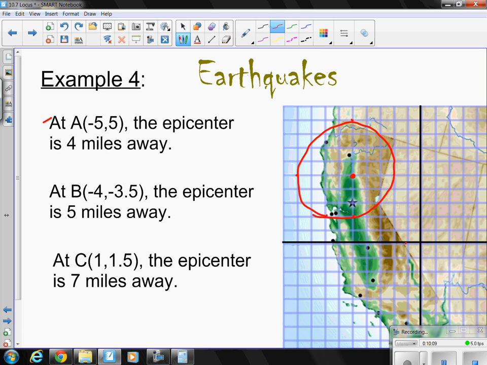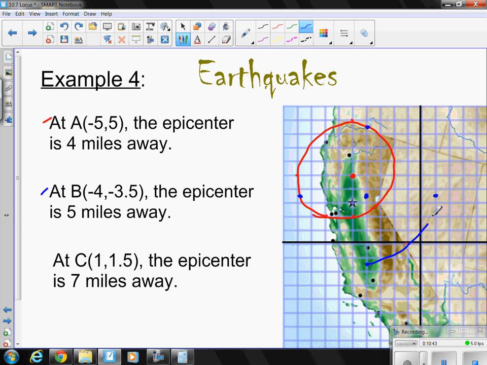Now, doing the same thing from -4, 3.5. This center registered the earthquake at 5 miles away. So 1, 2, 3, 4, 5 this way, 1, 2, 3, 4, 5.